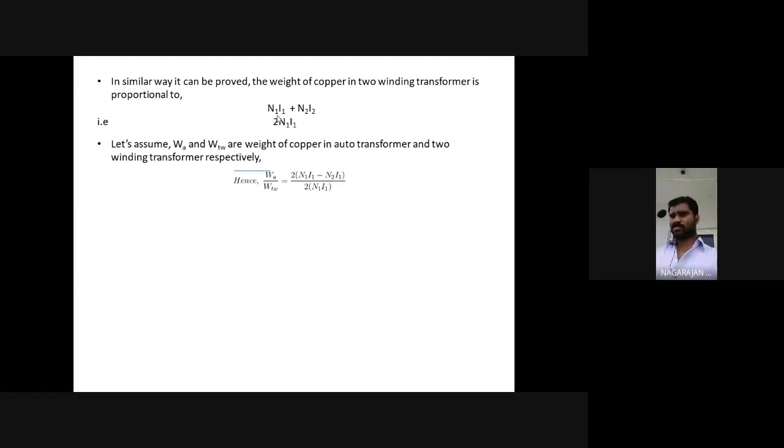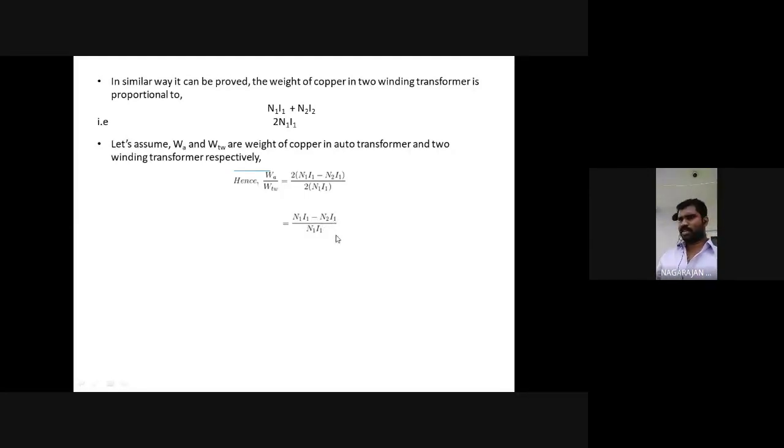That has been written as 2 times N1 I1 minus N2 I1 divided by 2 N1 I1. That is what we derived in the previous sessions. The 2 and 2 from the numerator and denominator get cancelled. So we will get N1 I1 minus N2 I1 divided by N1 I1.